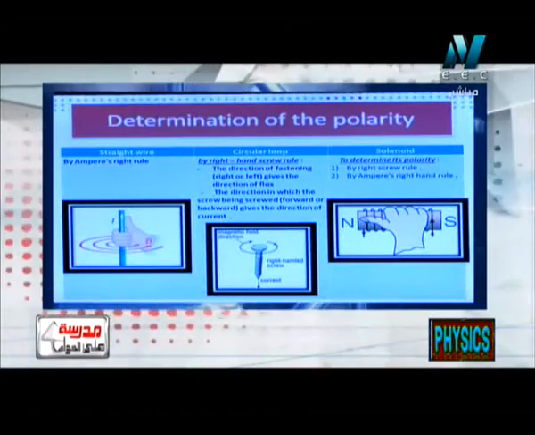Ampere's right hand rule is used to determine the polarity of magnetic flux around a wire carrying a current. Number B, mention the use of the right hand screw rule. Here we can say it is used to determine the polarity of magnetic flux around a circular loop carrying a current or a solenoid.